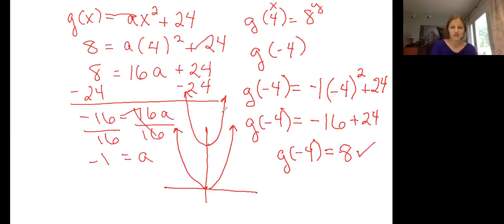So what that means is I know that 4 and negative 4 would be at the same spot. It doesn't matter whether or not I know what spot that is. So I would know that g of 4 and g of negative 4 would have to have the same y-coordinate. That's a little bit of a stretch. You have to remember some of your algebra too. But if you do, that's a very shortcut way of solving this problem. Okay, thanks.